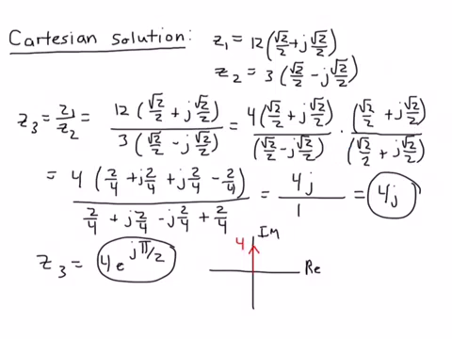All we did was multiply by the conjugate of the denominator over the conjugate of the denominator, so we multiplied by a factor of 1, but that allows us to rearrange and get a solution in Cartesian form. So that ends our video today.